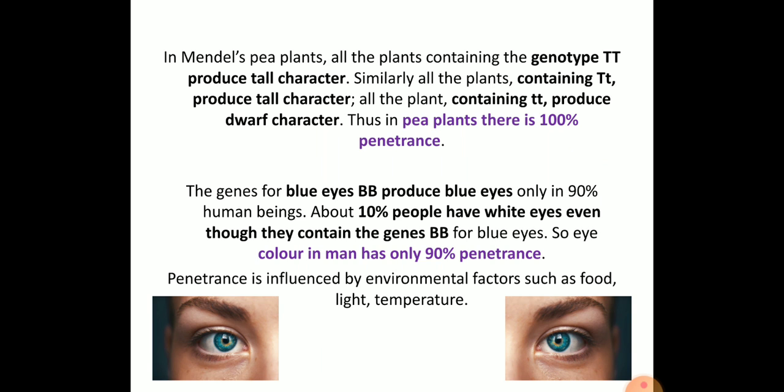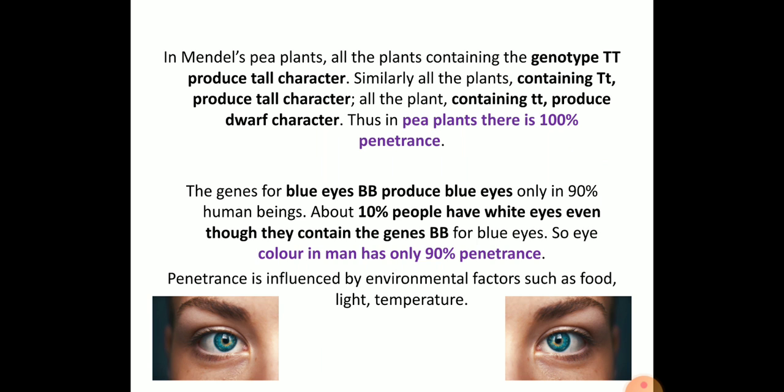Here 90% of human beings having capital B and capital B, that gene will be responsible for the production of blue eyes. But there is also a chance that 10% of people have white eyes, even though they contain the gene capital B and capital B. So here the expression of the blue eye takes place, and that leads to expressivity.